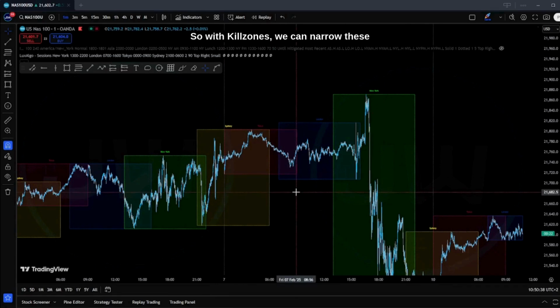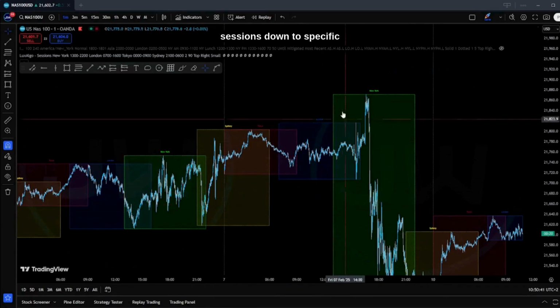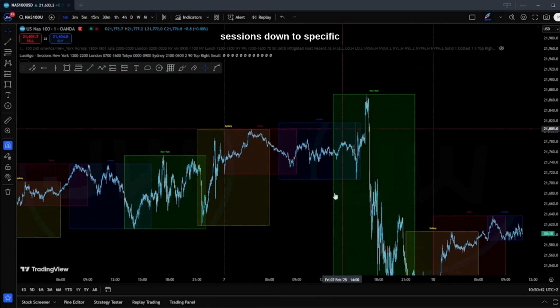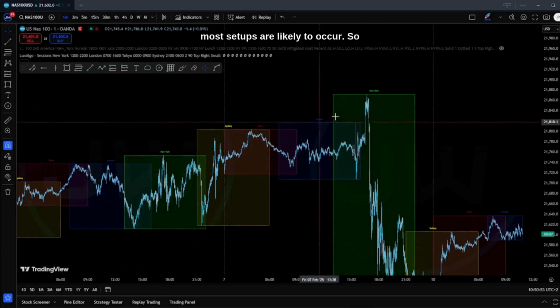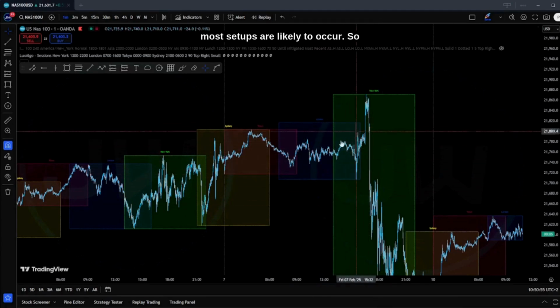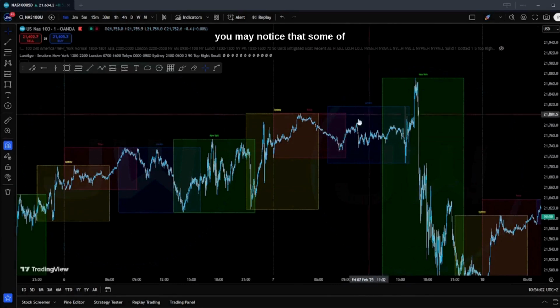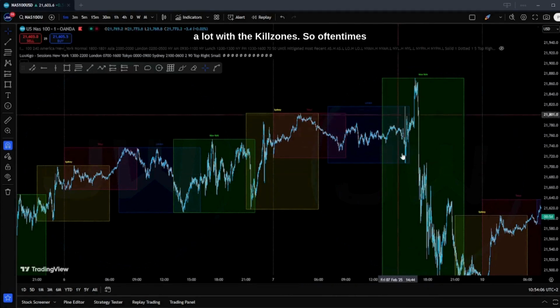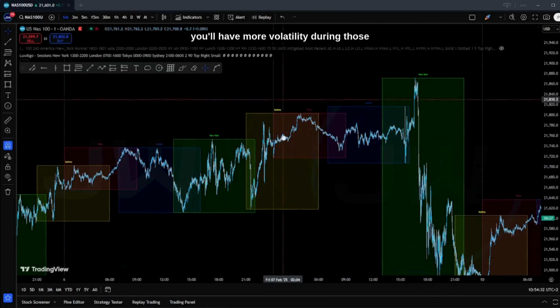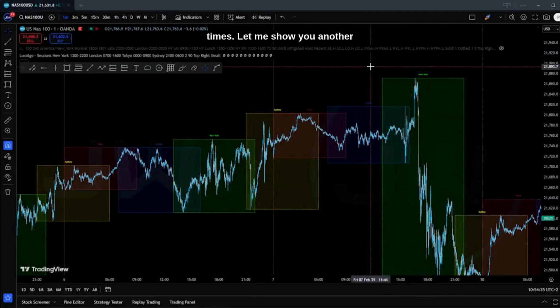So with kill zones, we can narrow these sessions down to specific windows where we know the market is the most active or where the most setups are likely to occur. So you may notice that some of these sessions overlap, and this will align a lot with the kill zones. So oftentimes you'll have more volatility during those times.